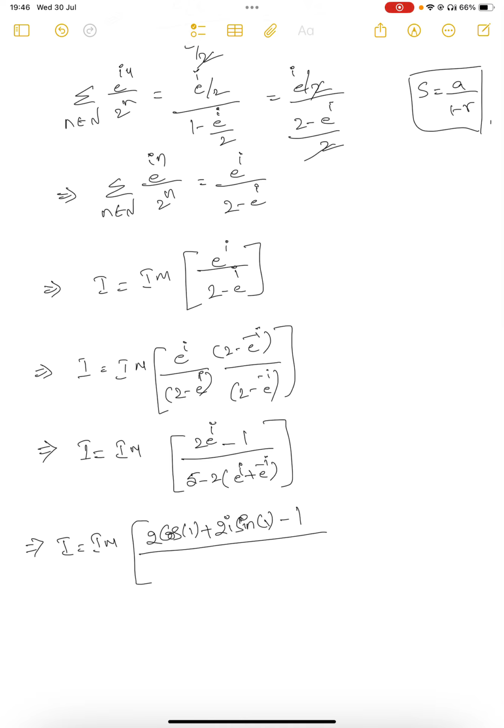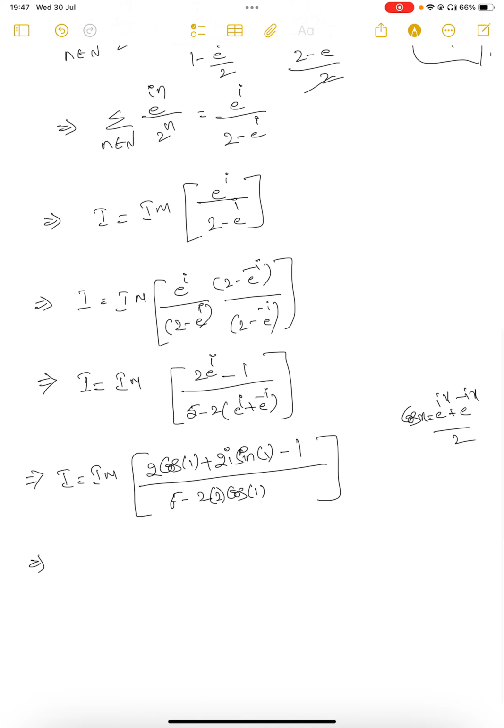In the denominator, 5 minus 2 into e power i plus e power minus i looks like the cos x formula: cos x equals e power ix plus e power minus ix by 2, where x is 1. So the denominator gets 5 minus 2 into 2 cos 1.